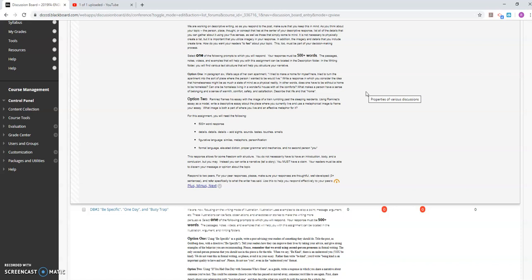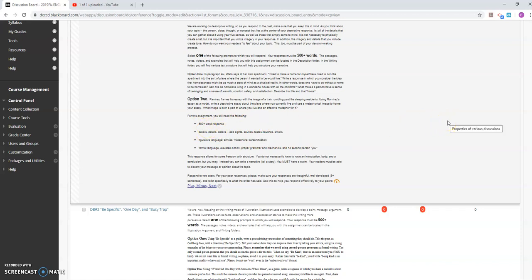I want you to kind of mimic Ramirez's writing and include some metaphor, like he uses the train throughout his essay. You would use some metaphor that frames your neighborhood and use that throughout your essay or your response, your discussion post. This tells you the minimum. You need to have 500 plus words.